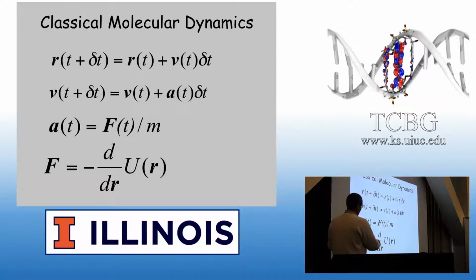We know its velocity, or we assign the velocity somehow, and then you know where it's going to go at a later time. The same happens to the velocity.